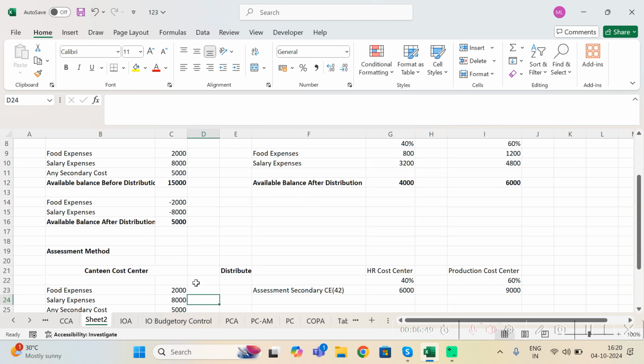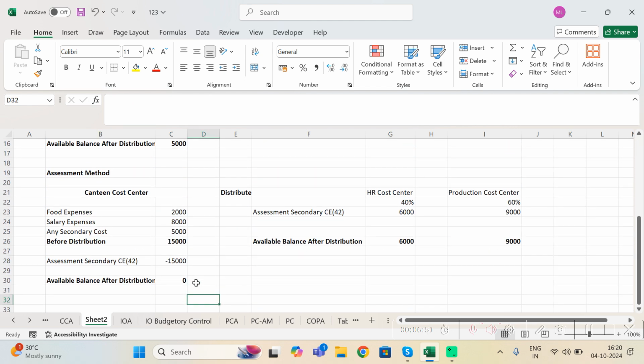Now let us go to assessment. In assessment, same example, from this canteen cost center I am moving to the HR cost center and production cost center. Same example, food, salary, any secondary cost element.